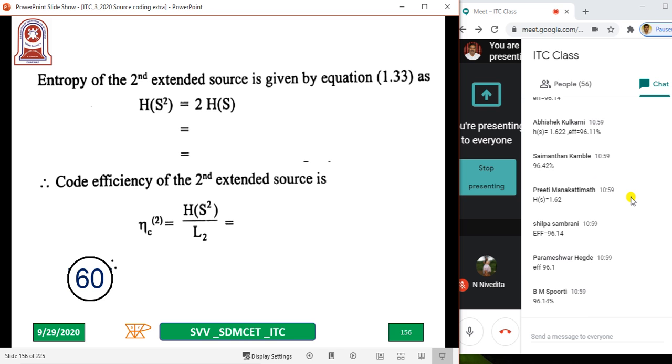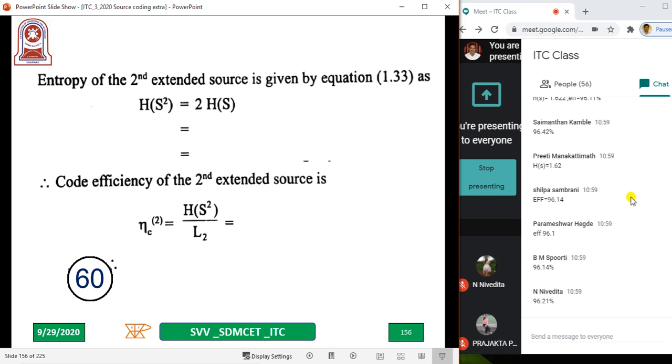Shilpa has told 96, Parameshwara told 96, Spurti 96, Adnya 1.62 H of S, Saujanya, Charan, Abhay Bhatt, Vidya Kalkeri 96, all are telling 96, Rohit 96.